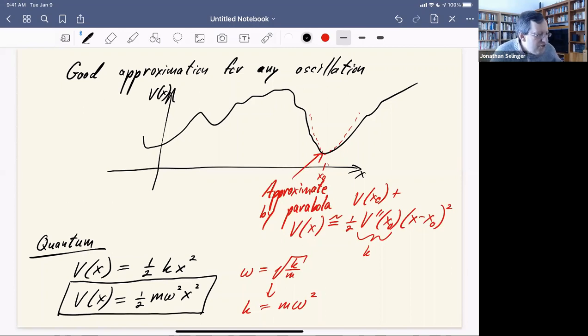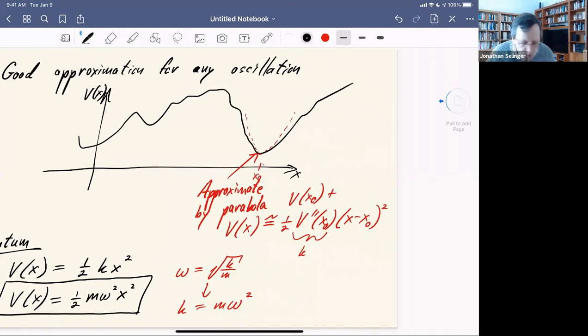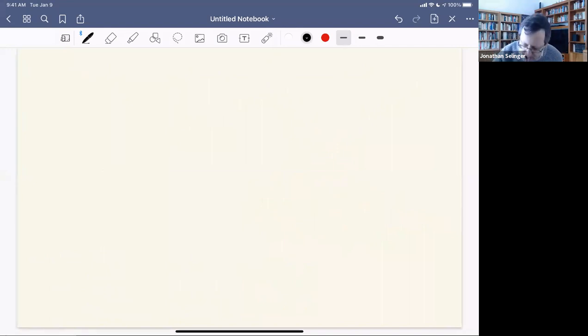Okay, so that means now we want to solve Schrodinger's equation with this potential energy.